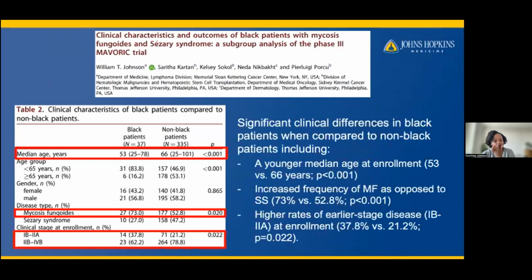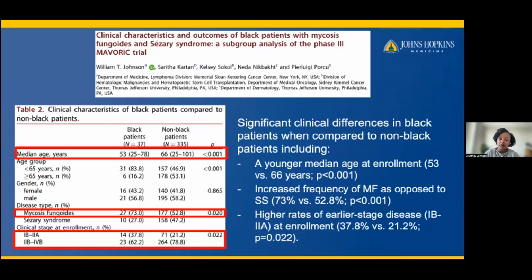In the 2021 subgroup analysis of Black patients in the MAVORIC trial, an international open label randomized trial looking at late stage patients, comparing mogamulizumab to vorinostat, the authors reported that the clinical characteristics and therapeutic outcomes of these patients had significant findings for age.